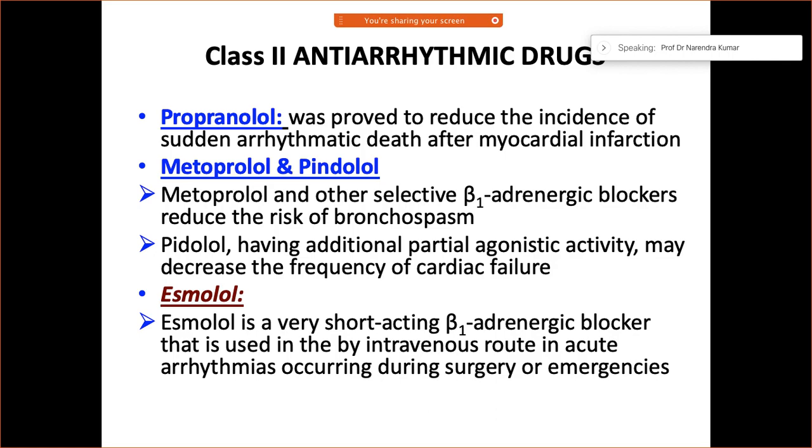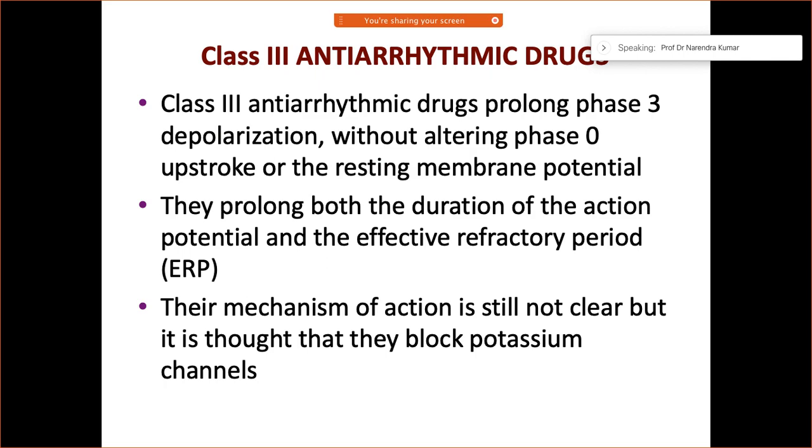Similarly, metoprolol and other selective beta 1 adrenergic blockers tend to reduce the risk of bronchospasm as well. And pindolol has a partial agonistic activity which may decrease the frequency of cardiac failure. And esmolol, we all are aware, can be given immediately through the intravenous route, not only for acute arrhythmias. I remember even for acute hypertensive crisis it can be used.